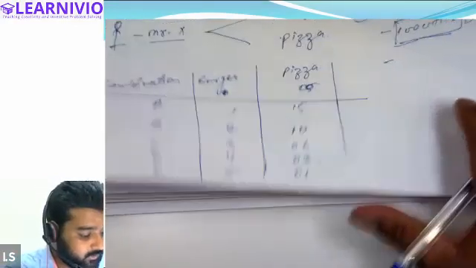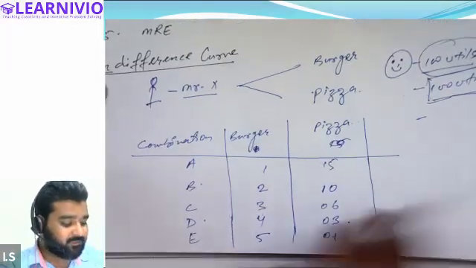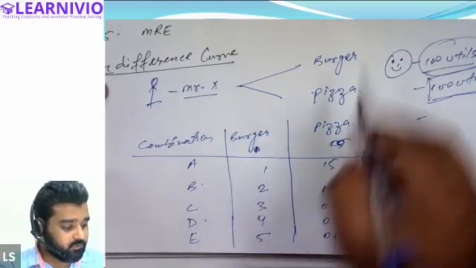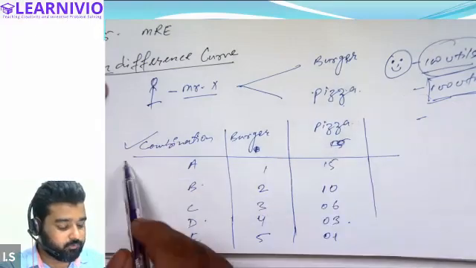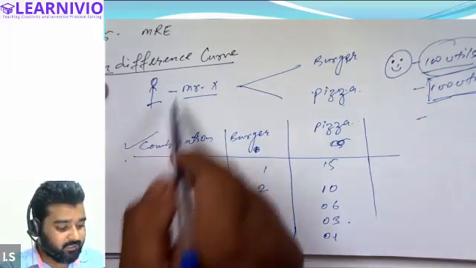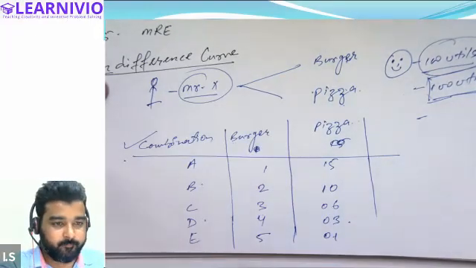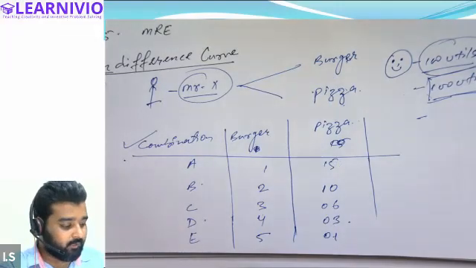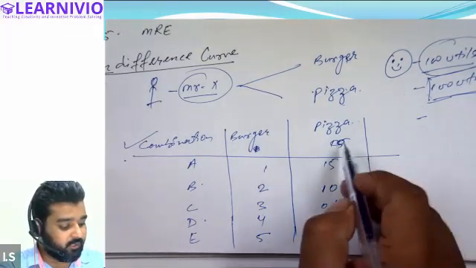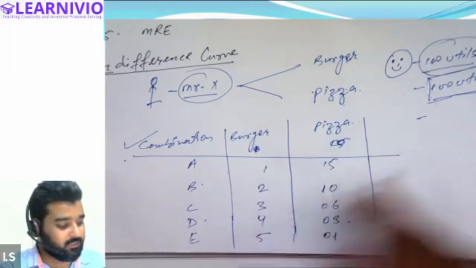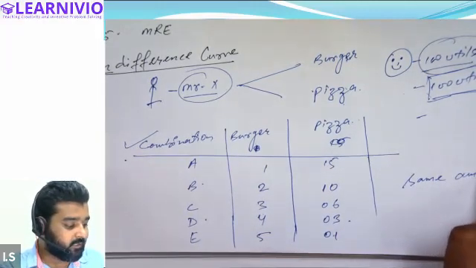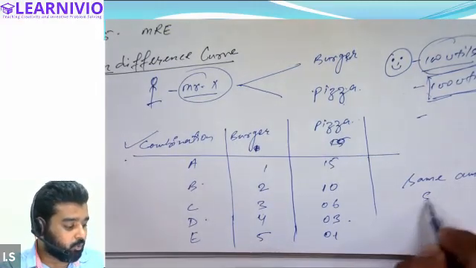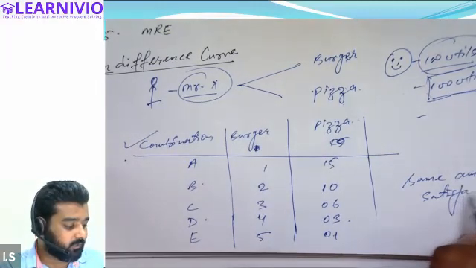What is happening here? Basically, this table indicates the different combinations of two goods that a consumer, Mr. X, is consuming. And in each of the combinations, he is getting the same amount of satisfaction, right?